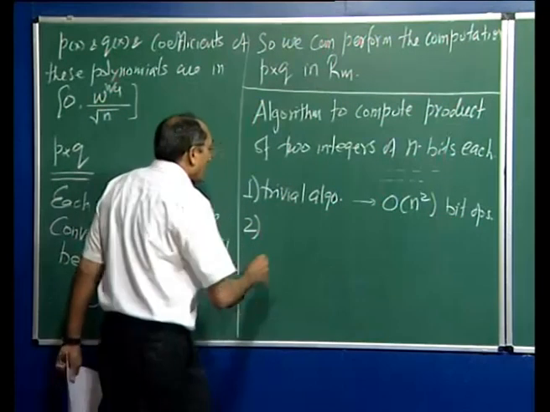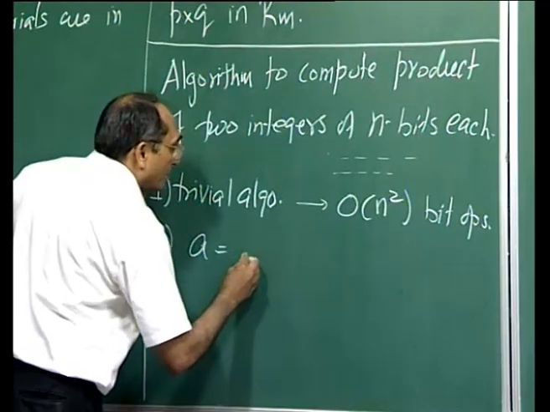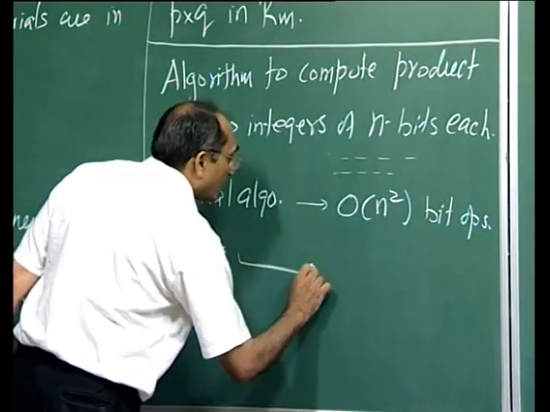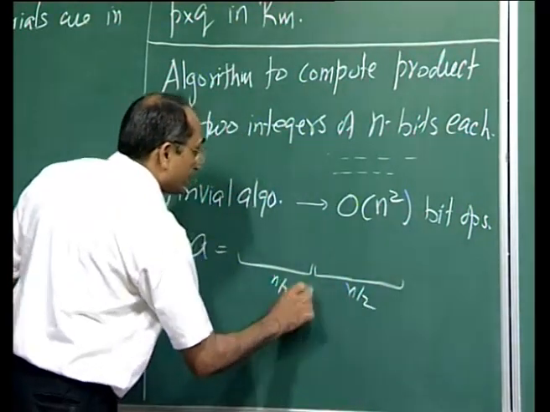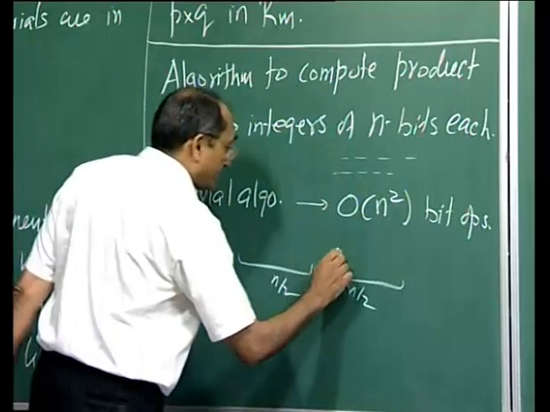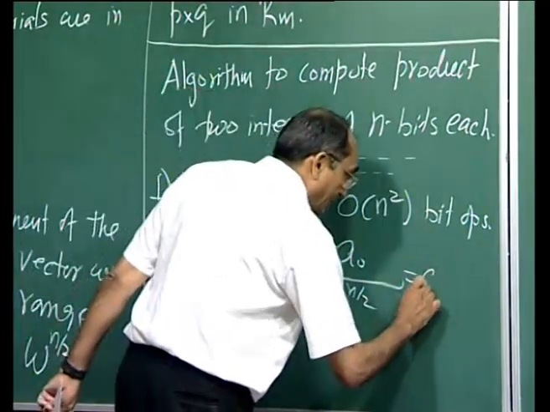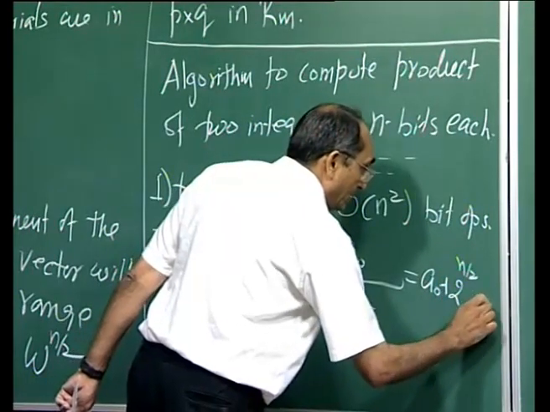So, let us take the number A, which is an n bit number. Let us split this into 2 n by 2 bit numbers, which I will call A0 and A1, which simply means A0 plus 2 to the power n by 2 A1.